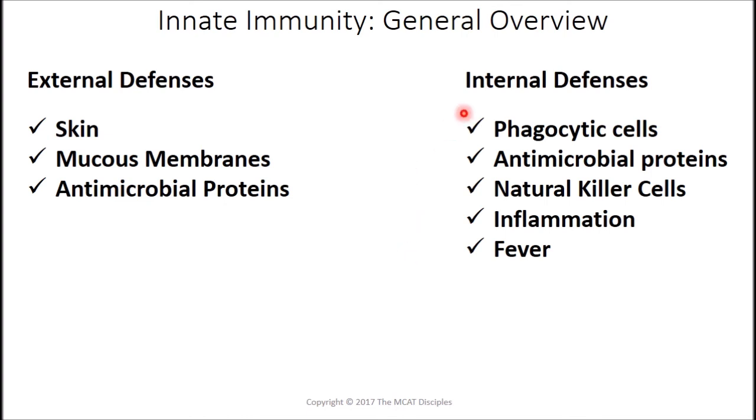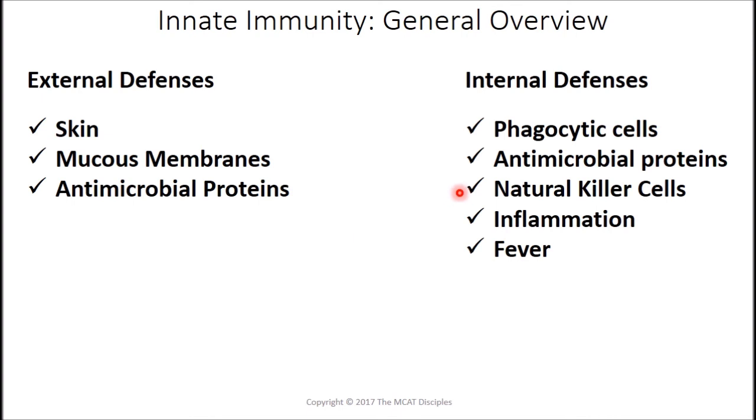The professional phagocytes, again, are the neutrophils, the monocytes, the macrophages, and the dendritic cells. It's not that the other immune cells don't act as phagocytes, but the four that I just mentioned are the cells that primarily act as phagocytes within the immune system. You also have the antimicrobial proteins, found ubiquitously, both externally and internally. You have the natural killer cell.